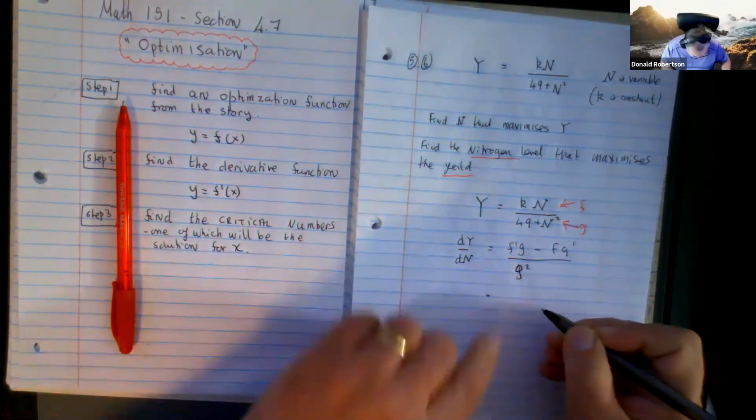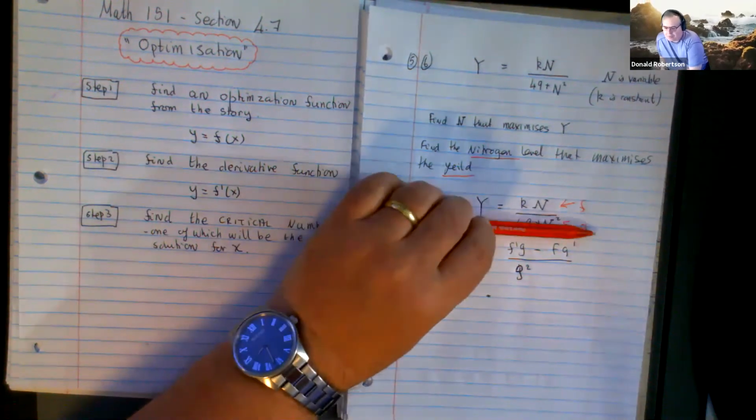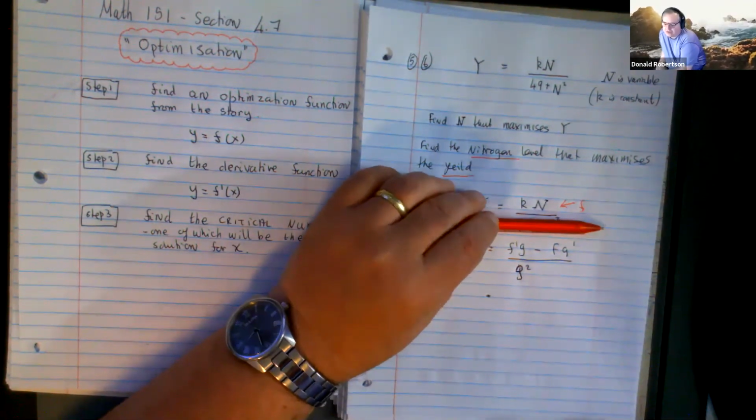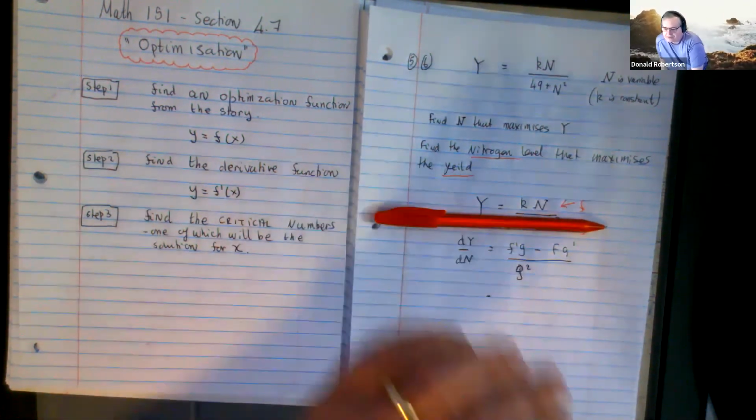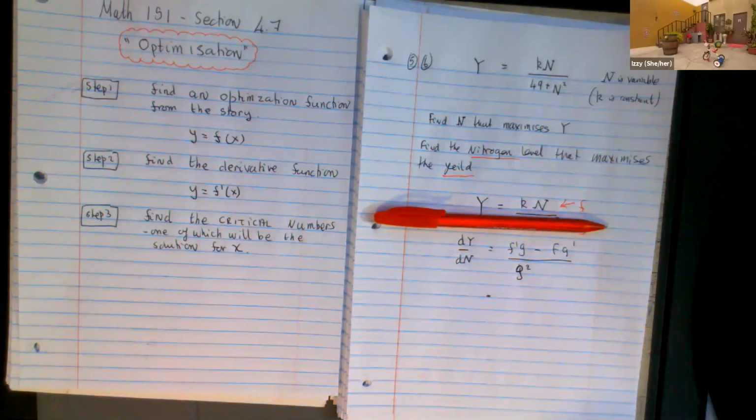Okay, let's start with the top. What do you get if you differentiate kn with respect to n? What's the derivative of kn with respect to n? Just k. Yeah. 42n gets you 42.